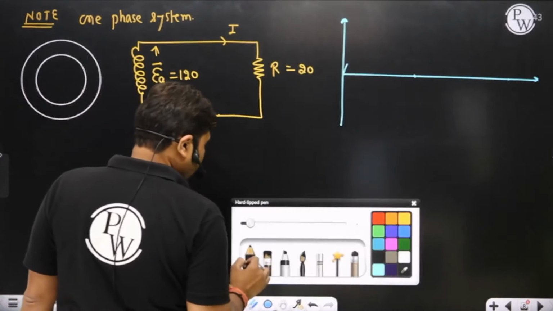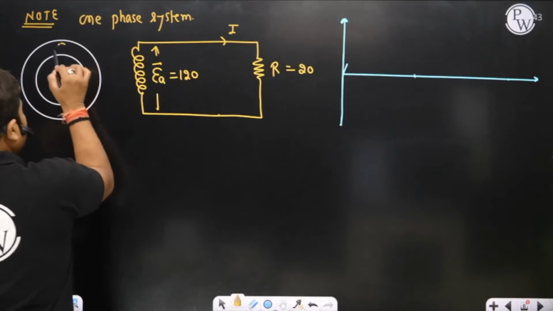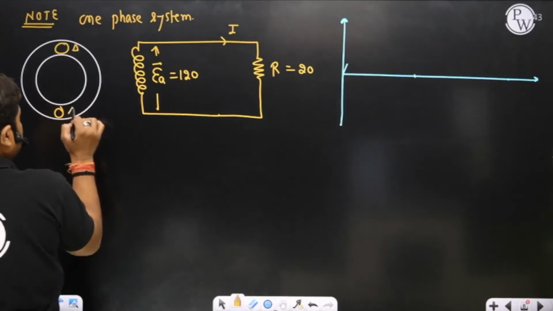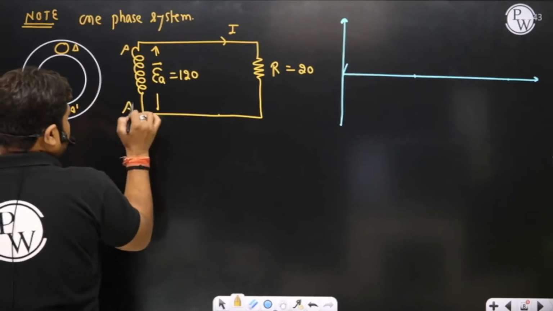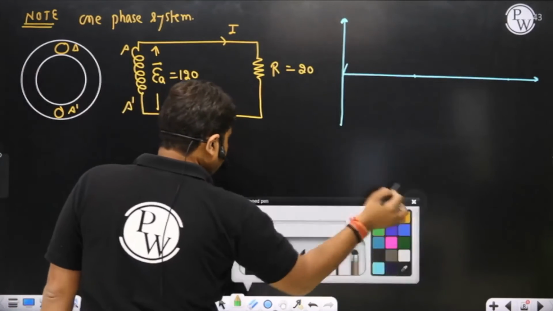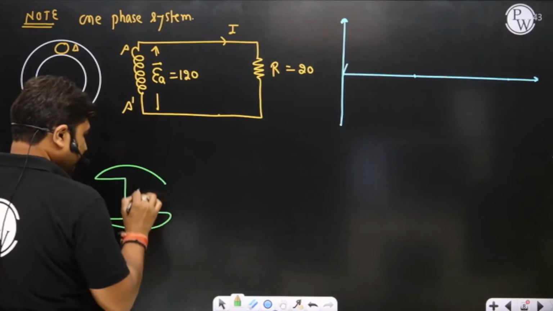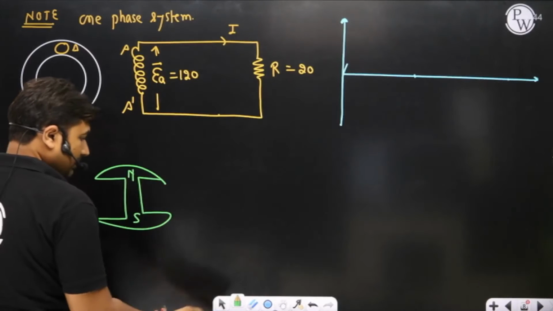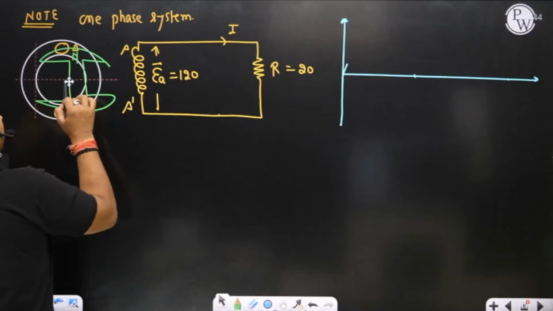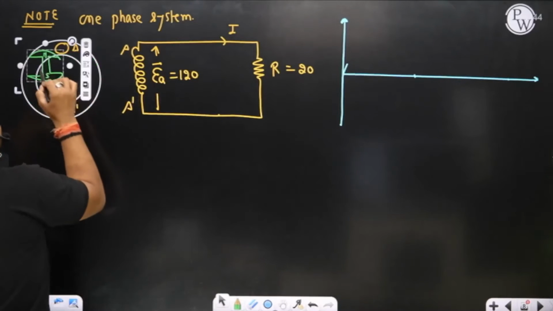Please observe. Suppose we have this to be A dash, and I have this as a pole. I'm going to rotate this pole inside the rotor.